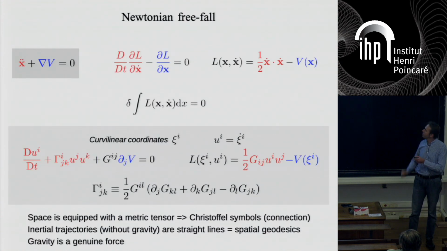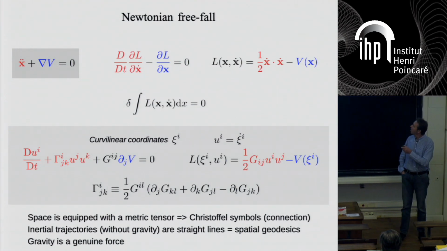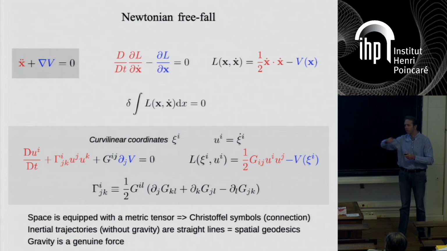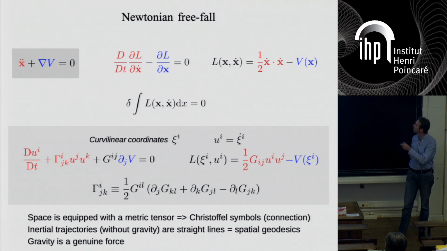Okay, so Newtonian free fall is well known: acceleration plus gradient of the gravitational potential. It obeys an Euler-Lagrange equation due to this Lagrangian, kinetic energy minus potential energy. You can rewrite this in curvilinear coordinates. So you define the contravariant velocity components as the Lagrangian derivatives, right? The material derivative of the coordinates.